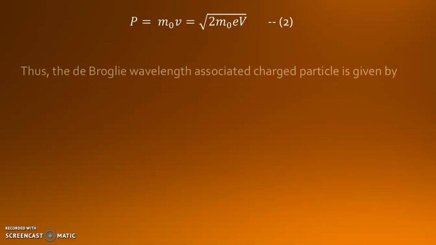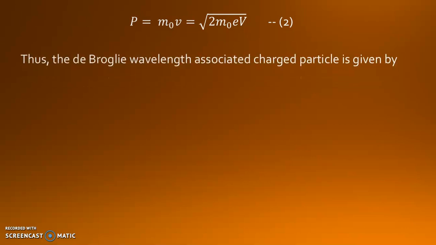So this p we can substitute in de Broglie's wave. Thus, the de Broglie wavelength associated with the charge is given by lambda is equal to h upon p, equal to h upon mv. So here we can put the value of m naught v or p, which is under root 2 m naught eV.